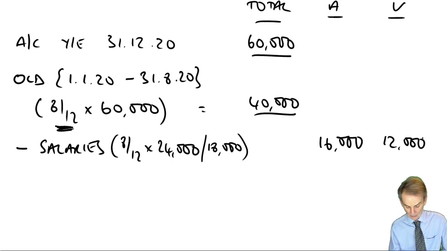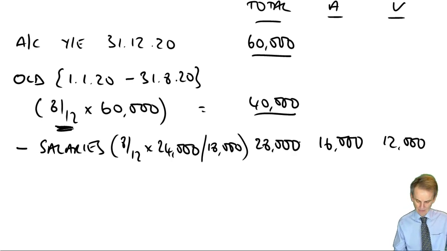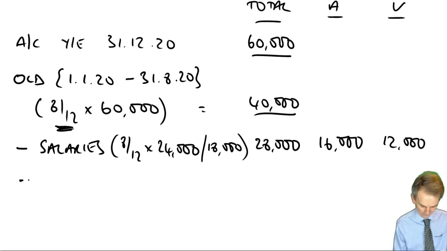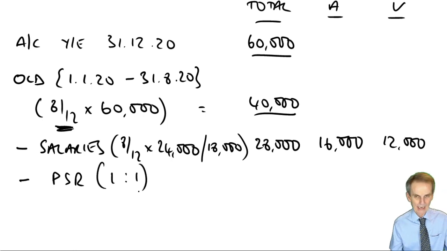So in total, out of the £40,000 available profit to be split between the partners, we have credited so far £28,000 of that profit in the form of salaries. The only other thing that is left is the profit sharing ratio, which was a very simple PSR of 1:1.